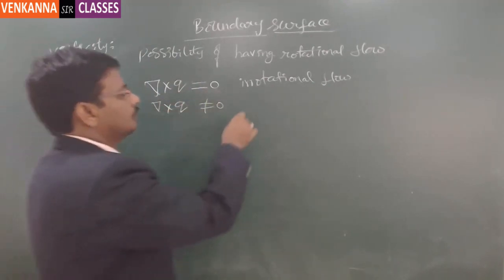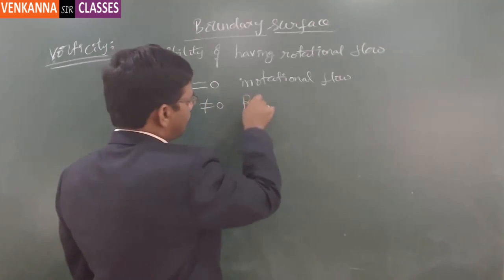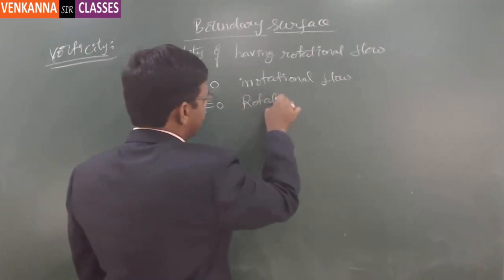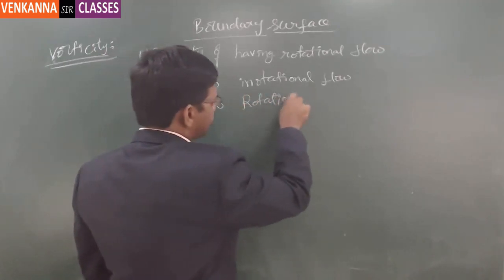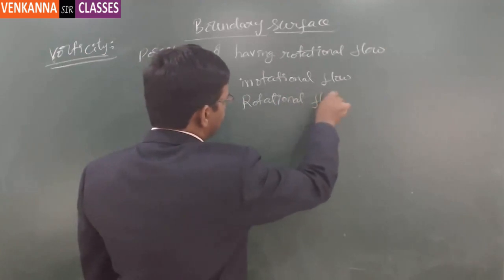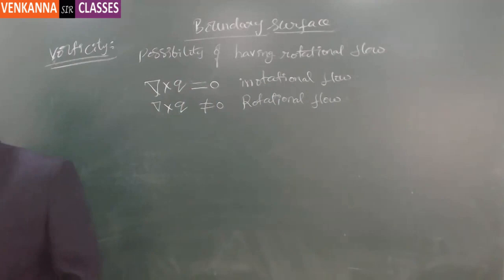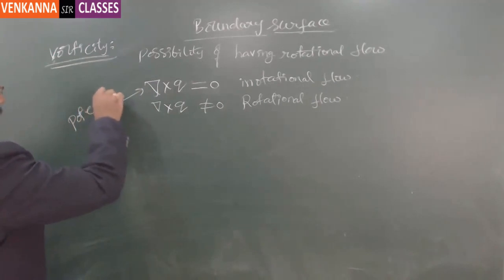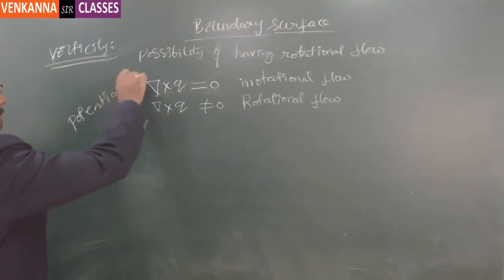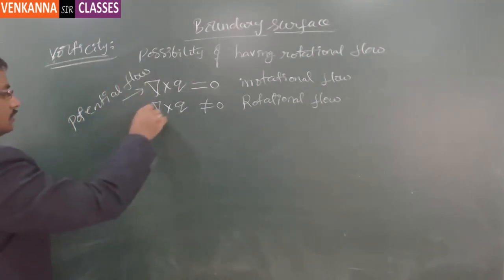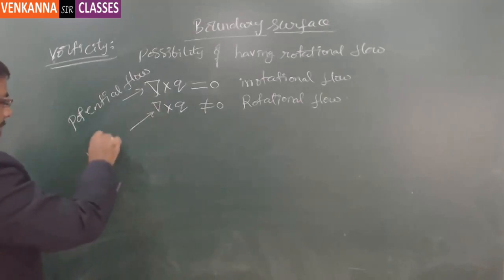This is rotational flow. So irrotational flow and rotational flow. Irrotational flow is also called potential flow, and rotational flow is also called vortex flow.